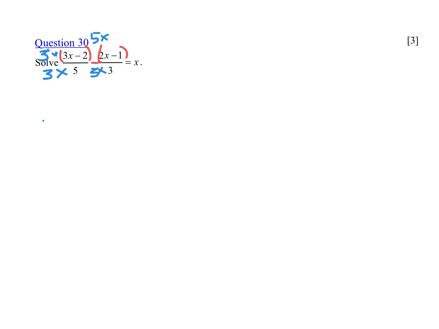Right? So in this case, I get 15. 3 times 3x minus 2, so 3 times 3 will be 9x, 3 times 2 will be 6, minus away 15, 5 times 2, 10x, 5 times negative 1, 5, equals to x.